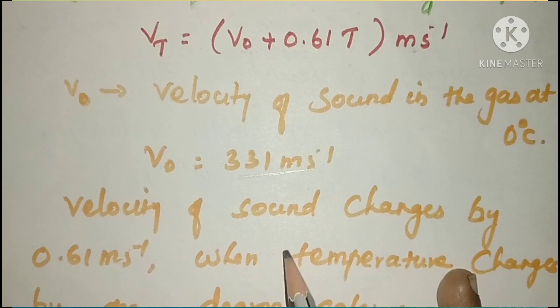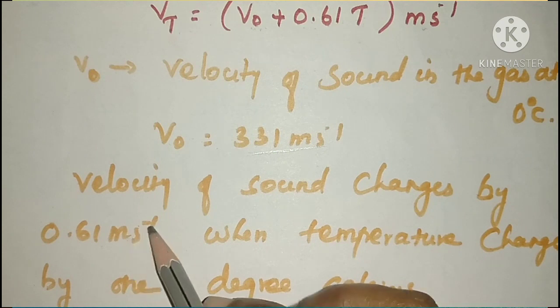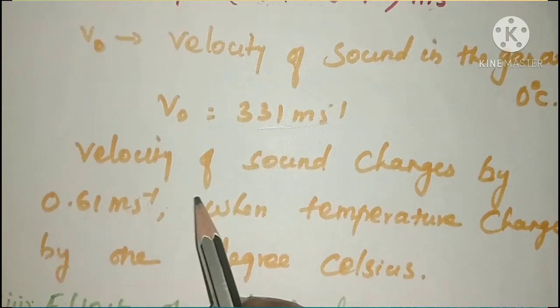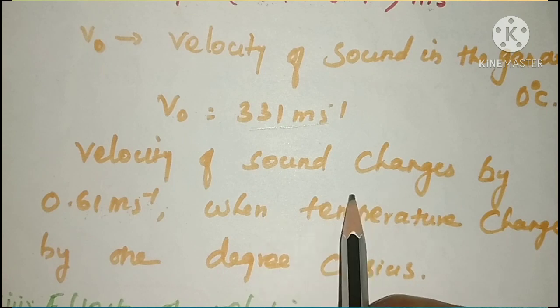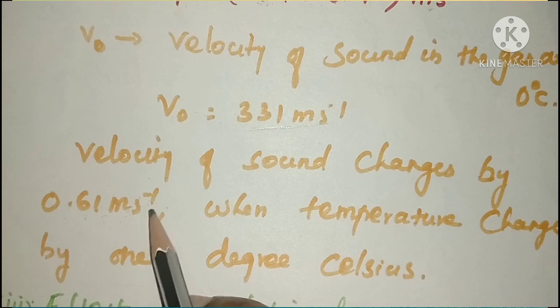By how much does the velocity of sound waves change? 0.61 meter per second. What does this mean? Per second, the velocity of the sound increases by 0.61 meter. The velocity of sound changes by 0.61 m s^-1. For each degree Celsius increase in temperature, how much will the velocity increase? 0.61 meter per second.